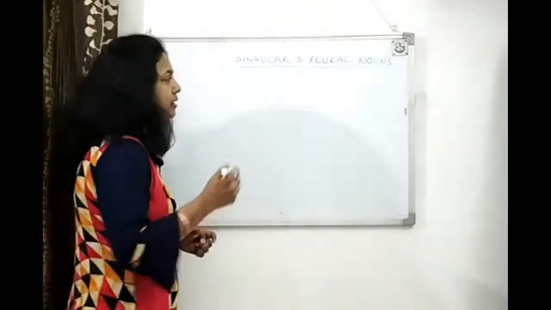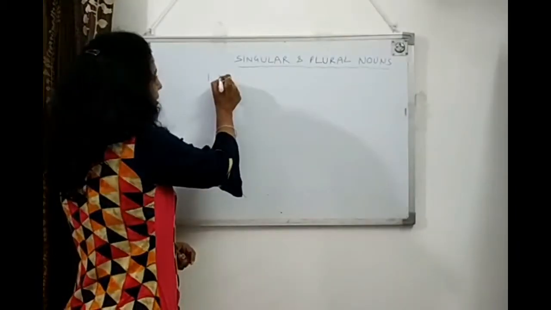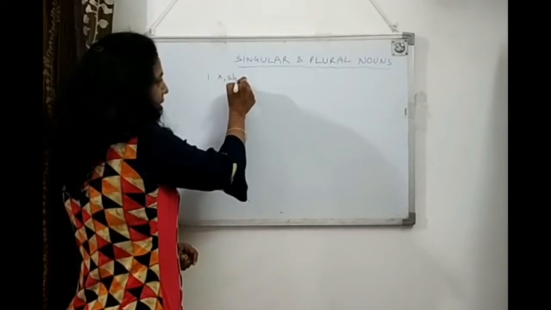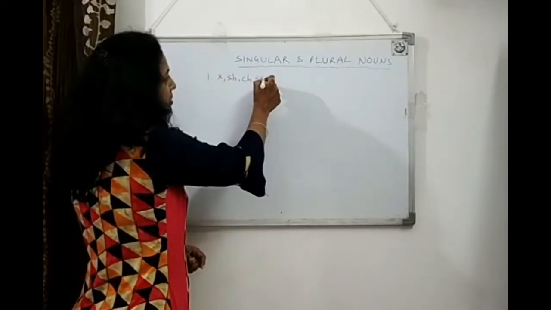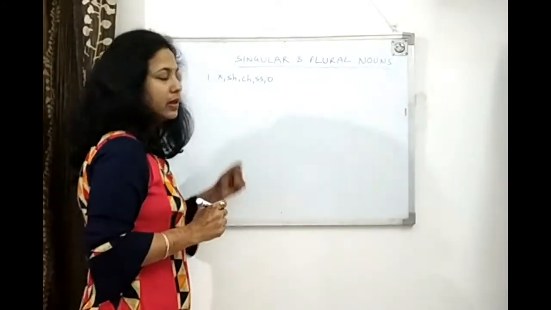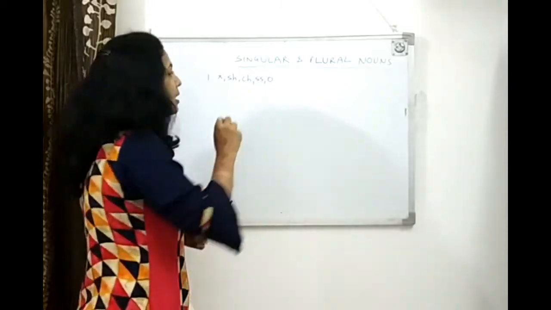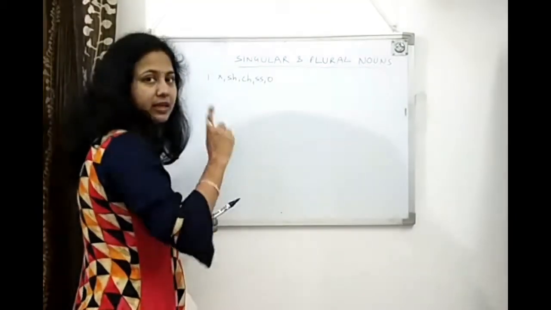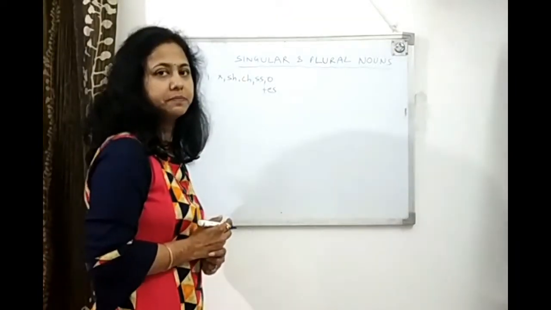First rule is if any word ends with x, sh, ch, double s or o. If the last letters of the word are out of these, then we add es to make the word plural.